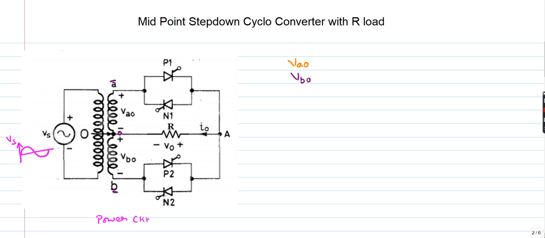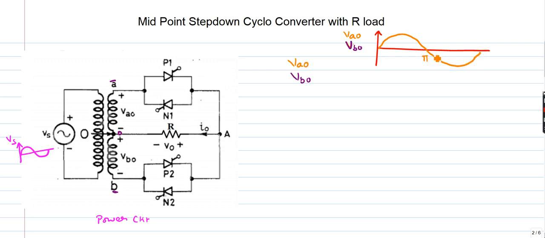First, for this source voltage, positive half cycle and negative half cycle, I am considering one full cycle. We will try to draw VAO and VBO. Here we'll take VAO in this color and VBO in this color. VAO and Vs both will be in phase.